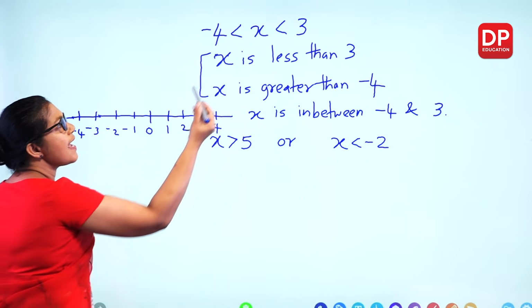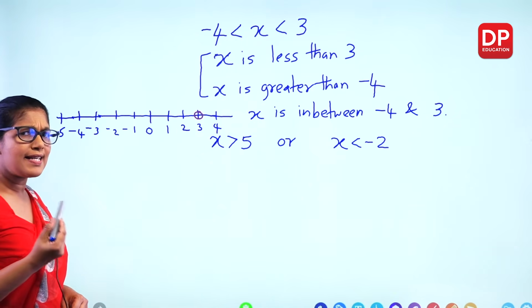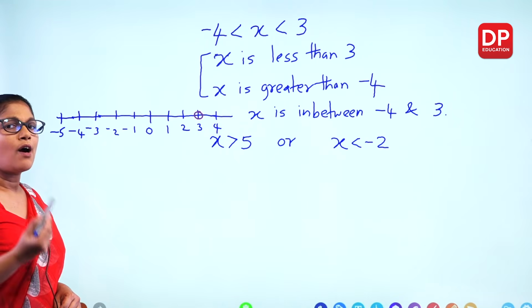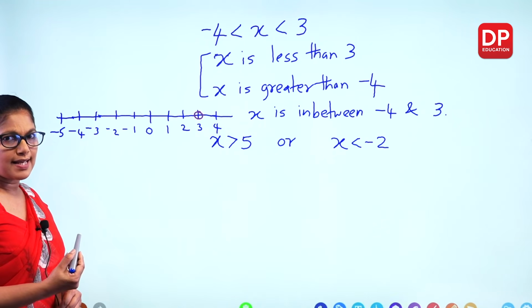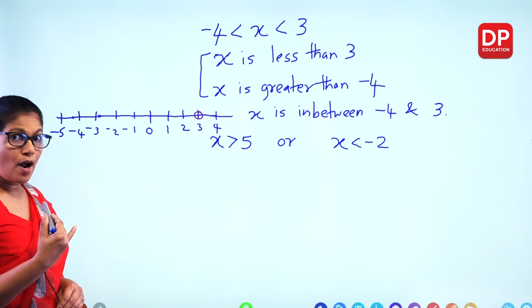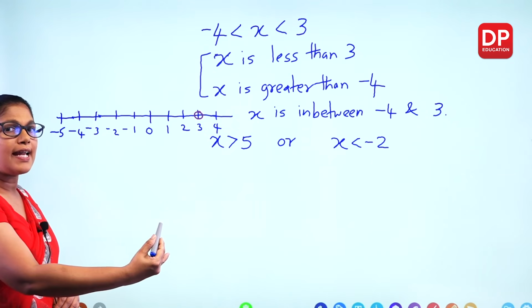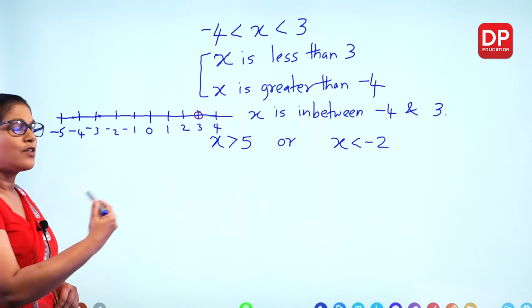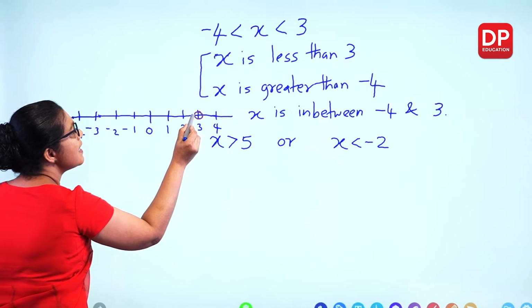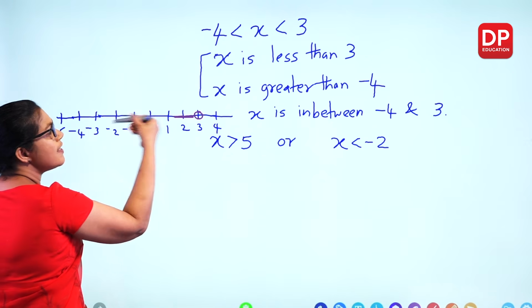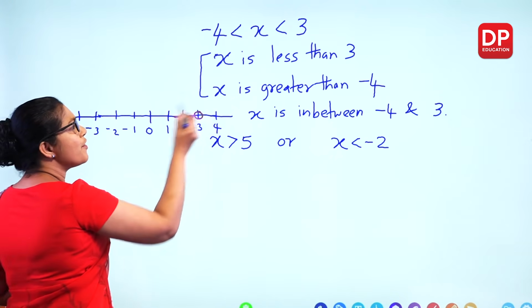Which side is less? Always on a number line, the left-hand side is less than the other side. The other way around, the right side is always greater than the left side. So, x is less than 3 means this side. What about the other one?